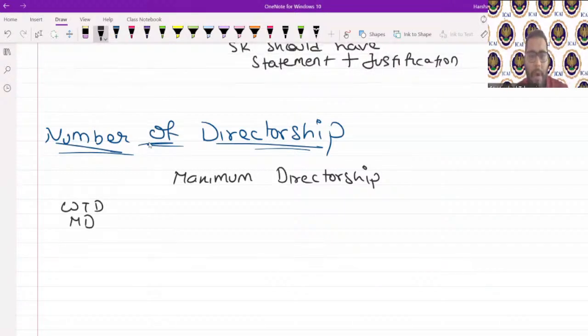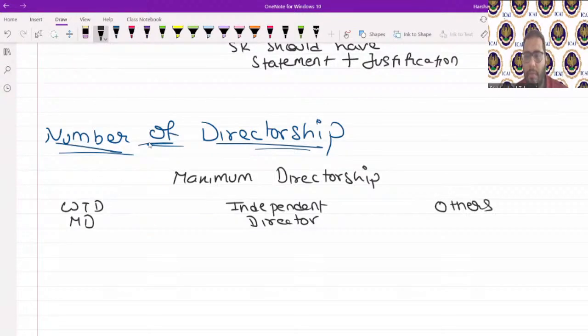Then independent director, and others. Starting with others, the limit is 7 directorships.